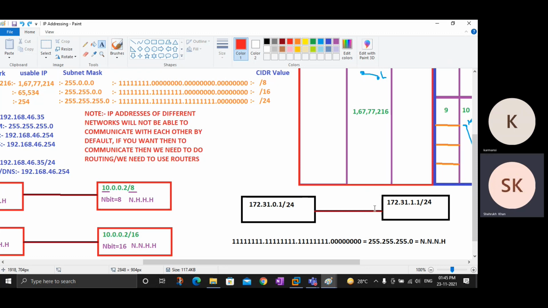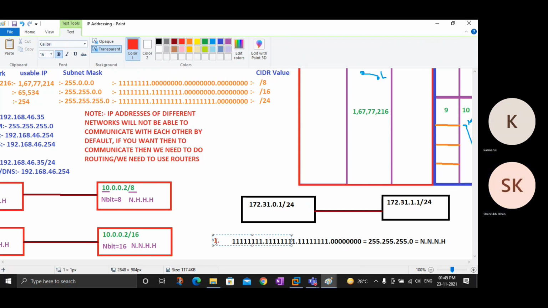So in this case, whether we'll be able to communicate or not. For whether the IPs can communicate or not, you need to check two values. First is how many network blocks are there.